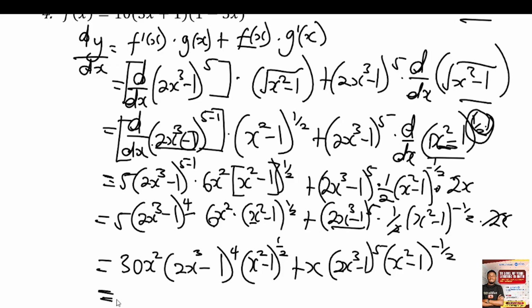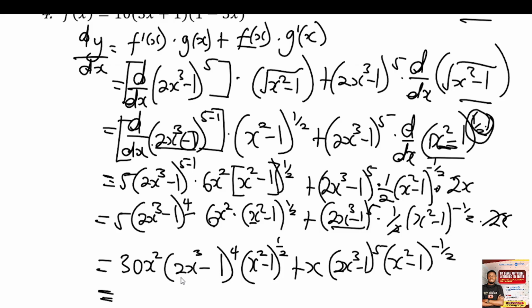Now, can we spot factorization here? Yes, so you see that we can factor out x times (2x³ minus 1) exponent 4, because here we have this one to be exponent 4 and this one is exponent 5. So we can bring the one with the least exponent out.